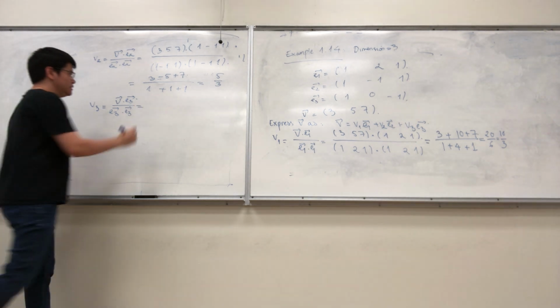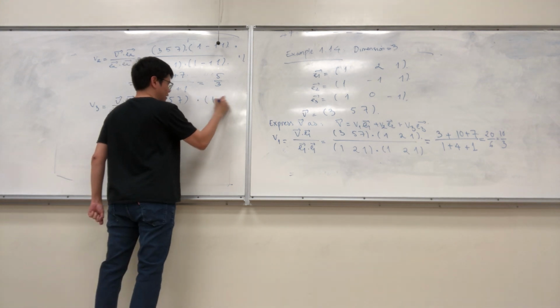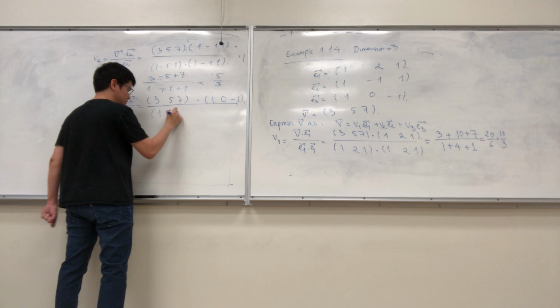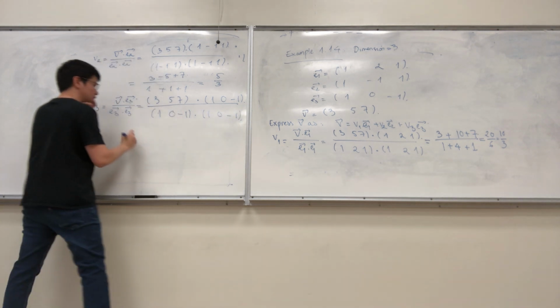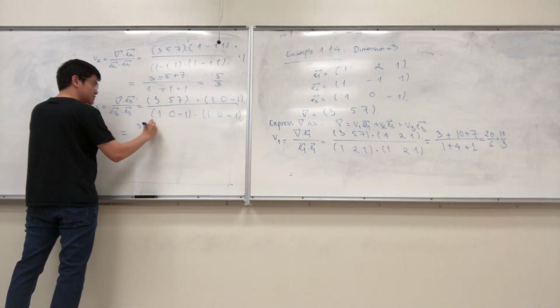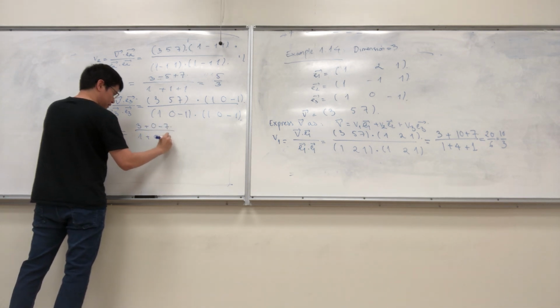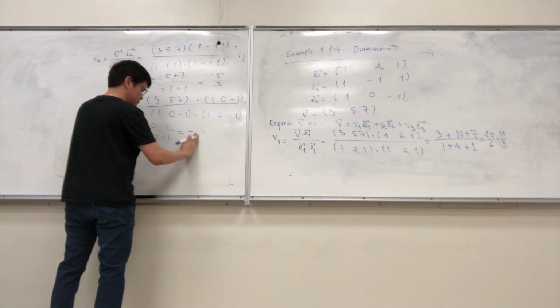So this gives me (3, 5, 7) times (1, 0, -1) divided by (1, 0, -1) times (1, 0, -1). So this gives me 3 plus 0 minus 7 over 1 plus 0 plus 1, and this is minus 2.